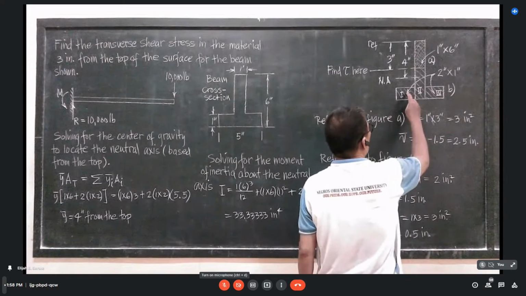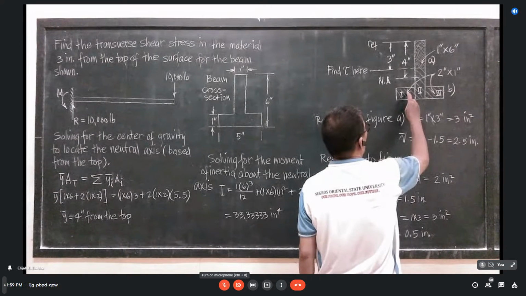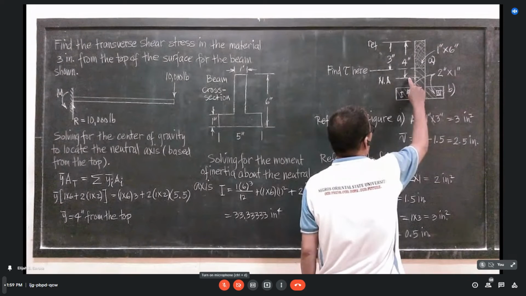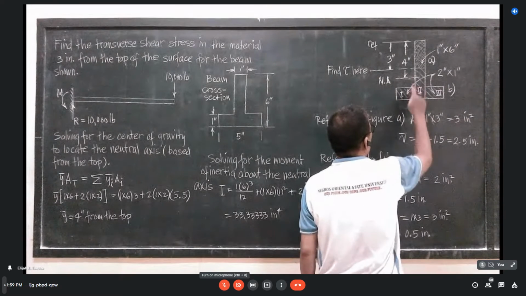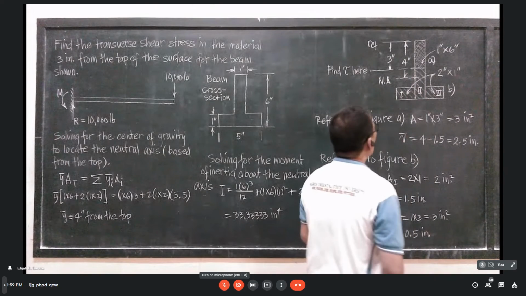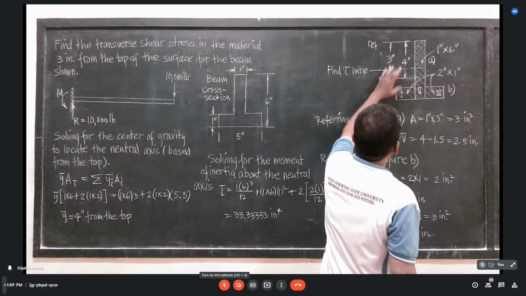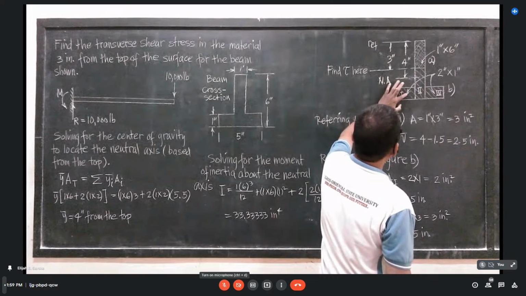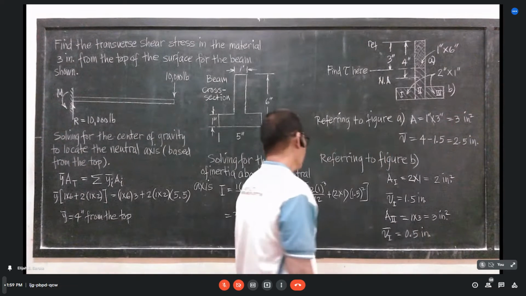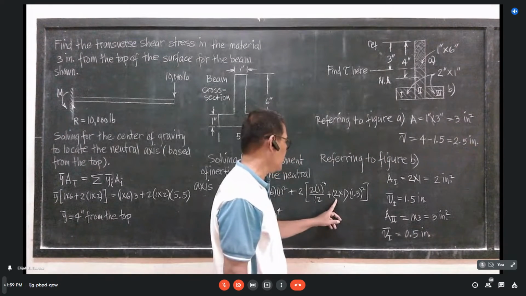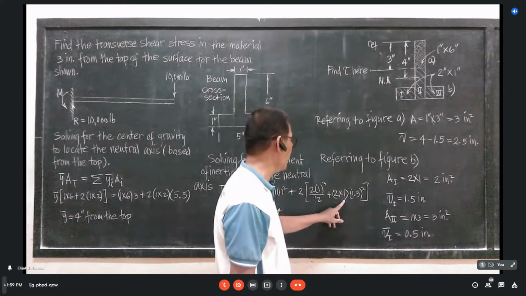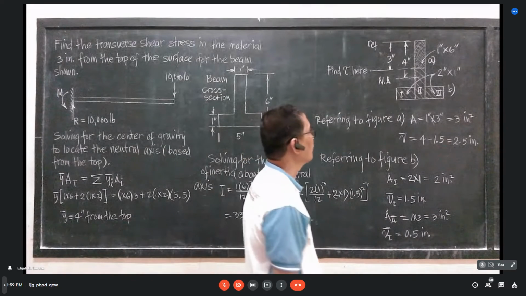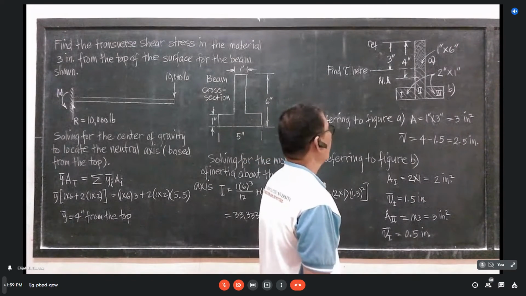It is the distance from the centroid of this to where we want the new reference, which is the neutral axis. So what is the distance? 1.5. Remember, this is 4 and this is 2. Halfway, 1.5. So that is area, which is 2 by 1, times y bar squared. Okay, we are done with this.